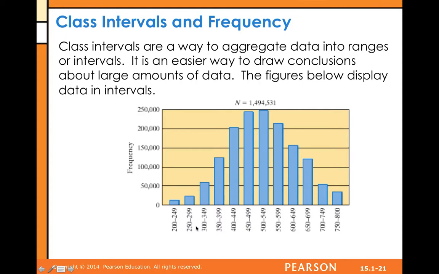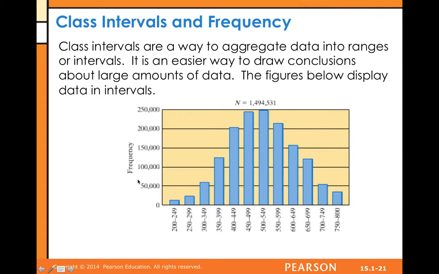But notice now that the horizontal axis is not divided into individual numbers as it was before. Before, we would go from 200 to 201 to 202, 203, etc. But if you want to have a chart where the horizontal axis stretches from 200 to 800, that's a lot of individual data points on your horizontal axis.